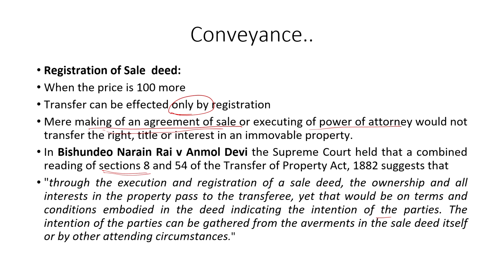So, in that case, it is very clear that in case of agreement to sale or contract of sale, when you are going to execute it, before that if there is certain kind of agreement on how you will execute it, then it is not going to transfer any right. Okay.